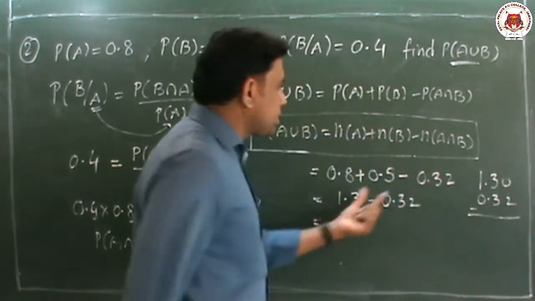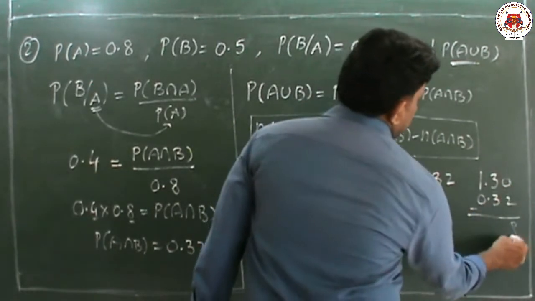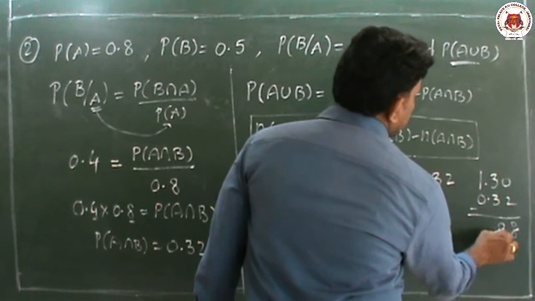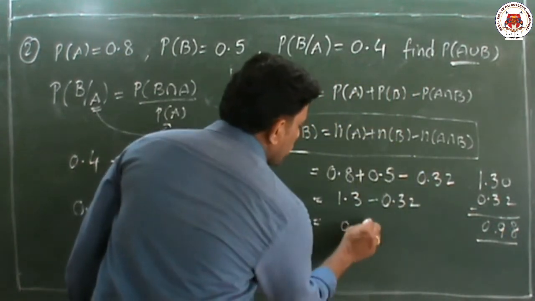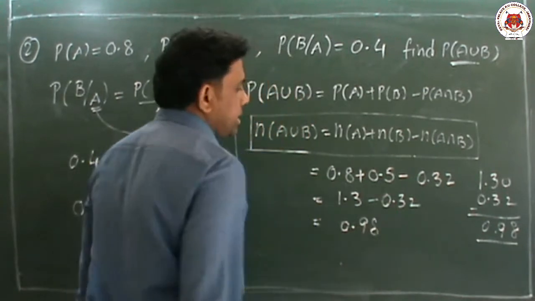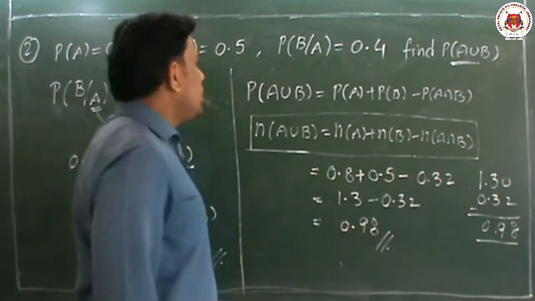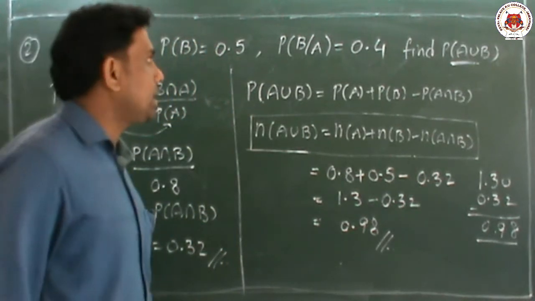Because 1.3 we put 1.30 for easy cancellation. 10 minus 2, 8. Here 2 is there, 9, 0. So what is the answer? The answer is 0.98. So finally, P of A union B answer is 0.98.